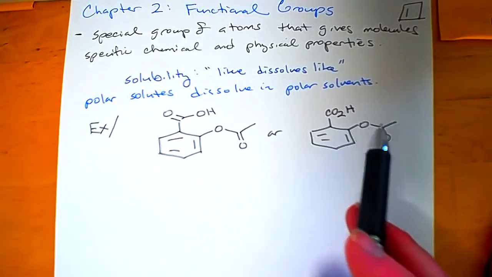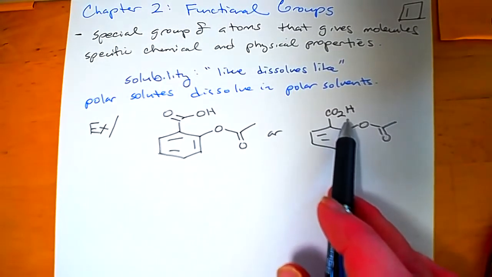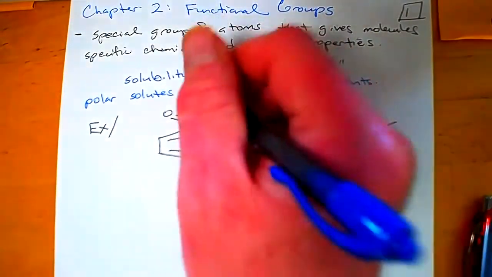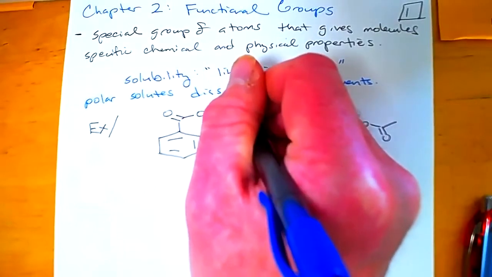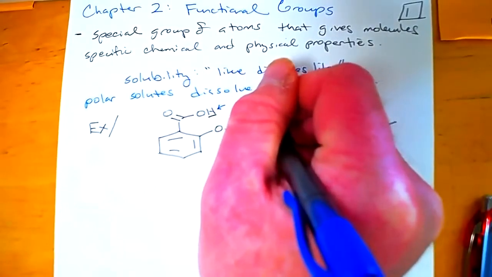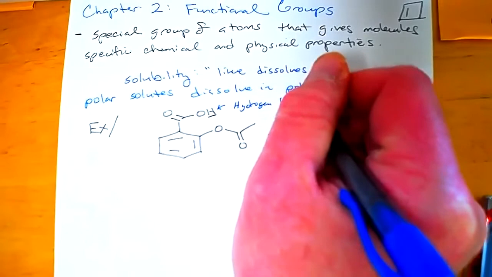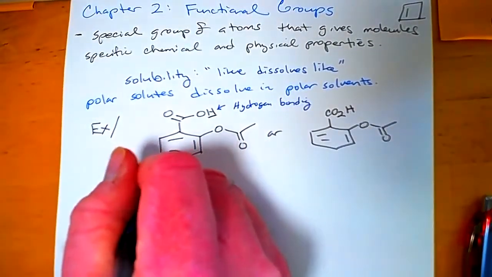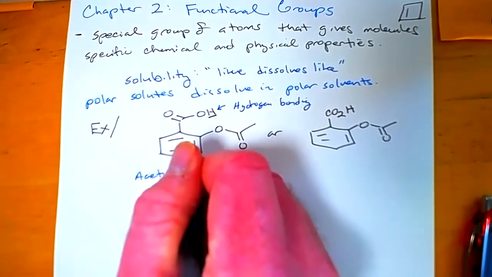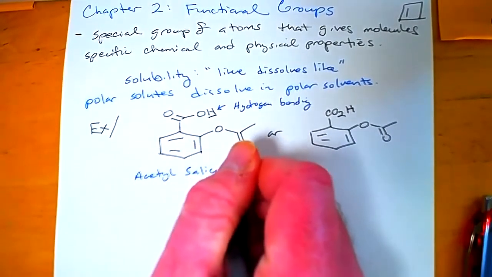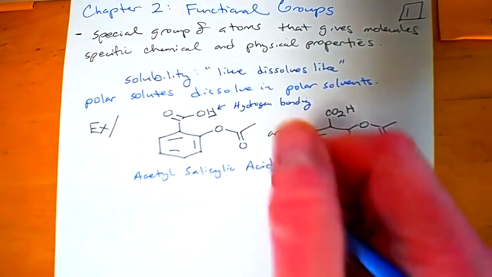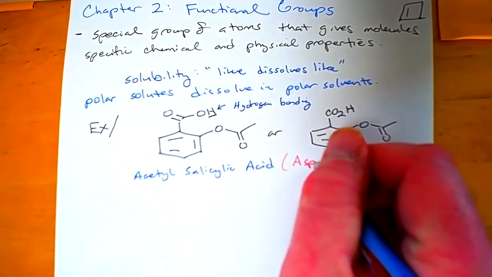We're going to go over the specifics of that later. But what I want you to notice is that there's a hydrogen bonded to an oxygen, so there is definitely some hydrogen bonding that can occur in this molecule. The name of this compound is acetylsalicylic acid. Okay, but we know it as aspirin.